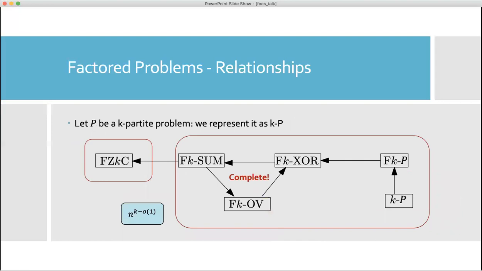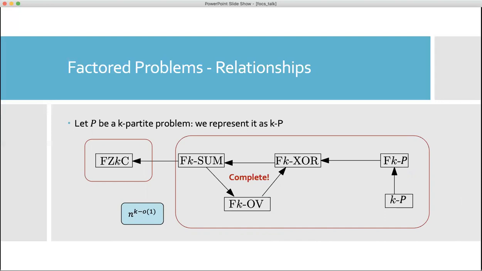So let's first see how the world of factored problems looks and what relationships they have. I'm going to represent a problem P that is k-partite with KP. And as I mentioned, for these problems, we can define their factored version. And we have that KP reduces to factored KP.